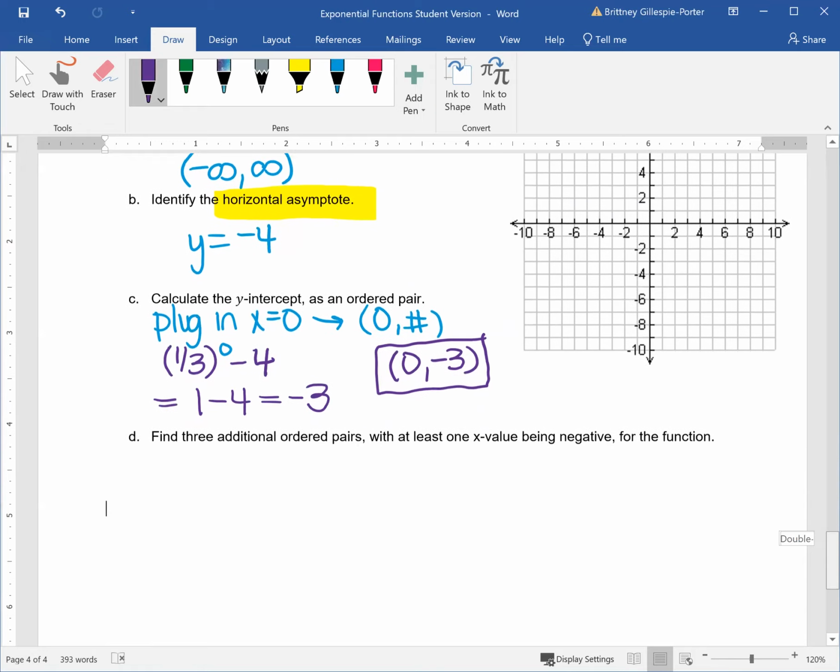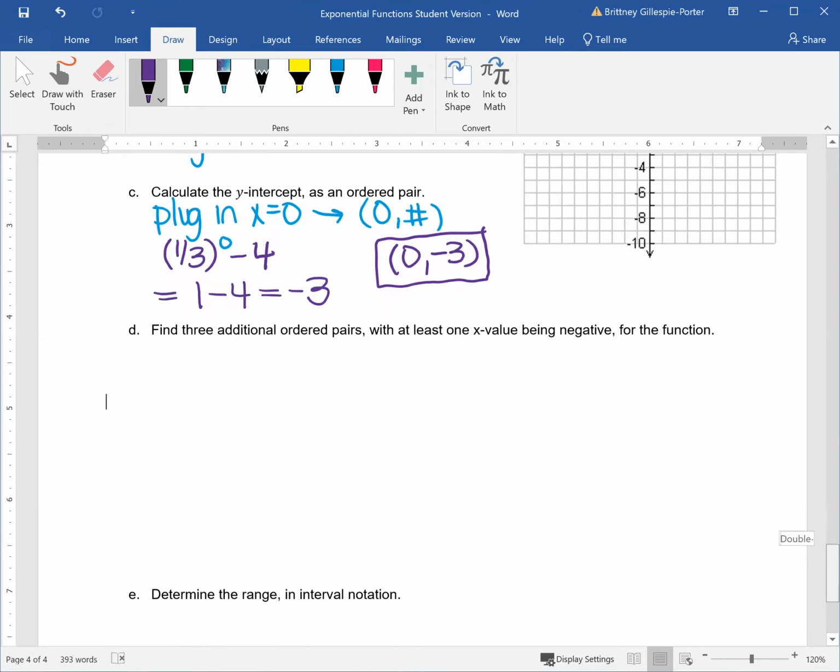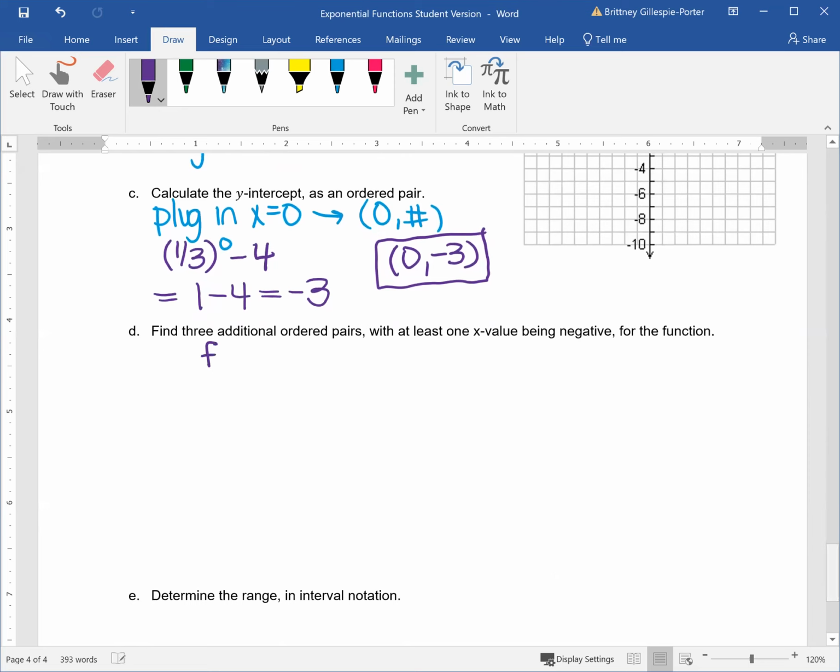Then we need to find 3 additional ordered pairs with at least one of them being negative. I'm going to write down our function again, remembering the parentheses around the 1/3, and I'm going to set up my XY chart.